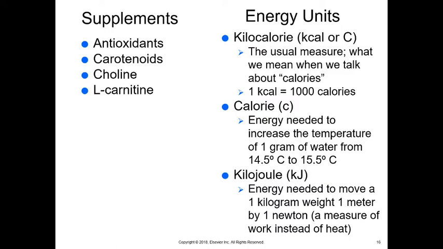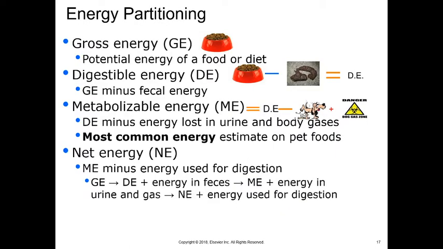A kilojoule is the energy needed to move a 1 kilogram weight 1 meter by 1 Newton. So it's a measure of work instead of heat. So sometimes you'll find energy of food or energy provided in kilojoules, but typically when we're talking about nutrition, we're measuring in calories, or actually typically in kilocalories.